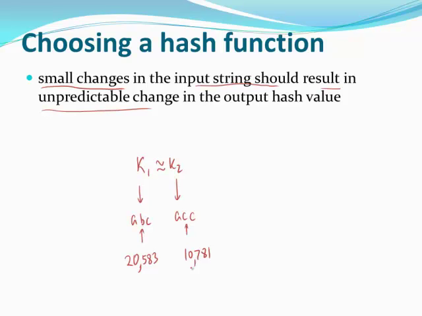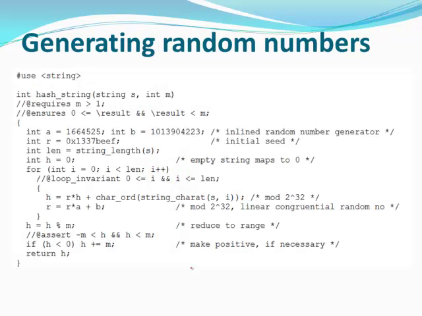We can do that if you can find a proper function to compute the hash codes for all of these strings. One of the hash functions you can use to generate pseudo-random numbers is this particular hash function, where you take a string and a table size, and you make sure that your preconditions and postconditions are satisfied.